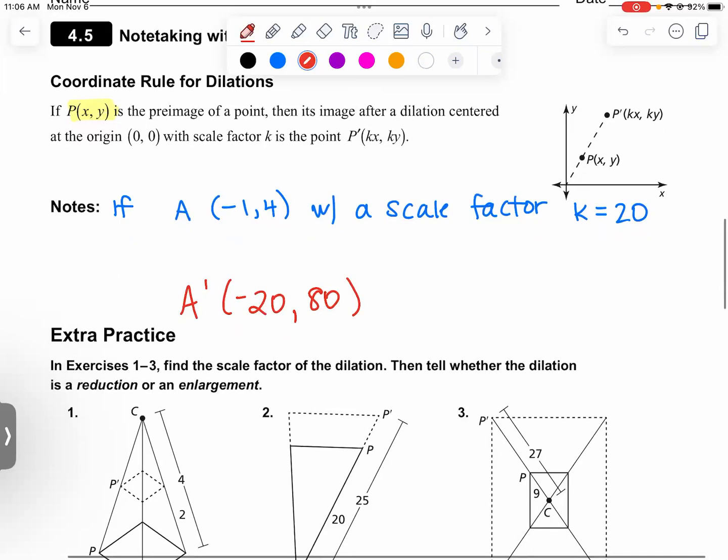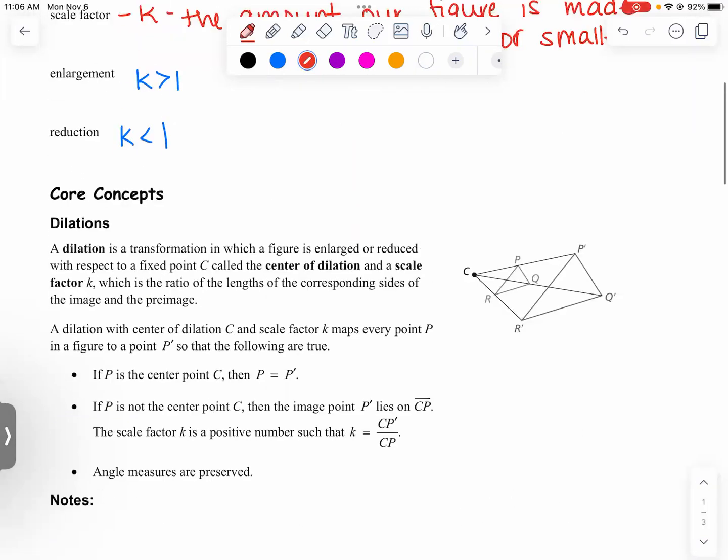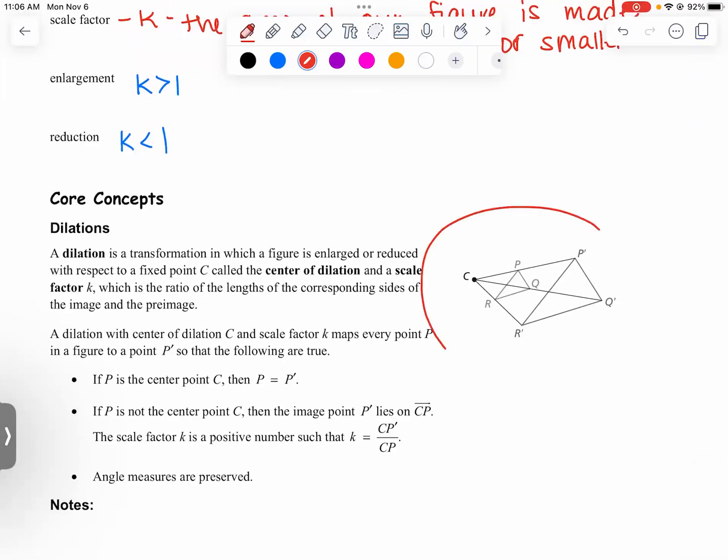Okay, now I want to slide back over to page 114, and I want to talk about this picture right here. This point right here in that Desmos activity, that's what we were moving all around.